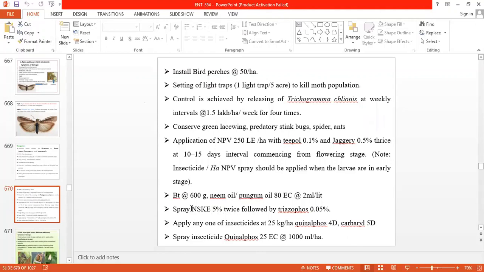Application of Bt at the rate of 600 gram. Spray neem seed kernel extract 5%. Application of insecticides, mainly quinalphos 4% dust or carbaryl 5% dust at the rate of 25 kg per hectare. Application of quinalphos 25 EC at the rate of 1000 ml per hectare.